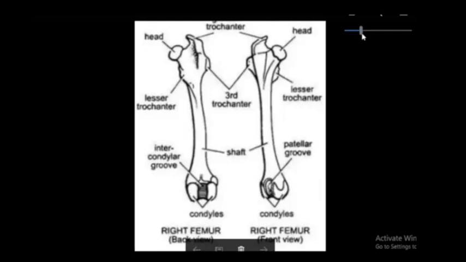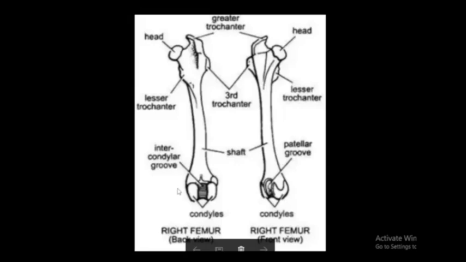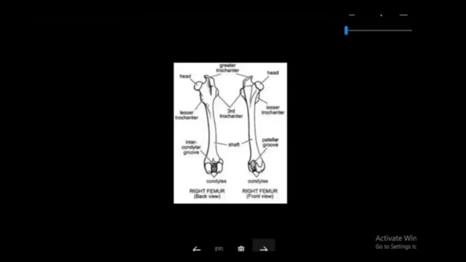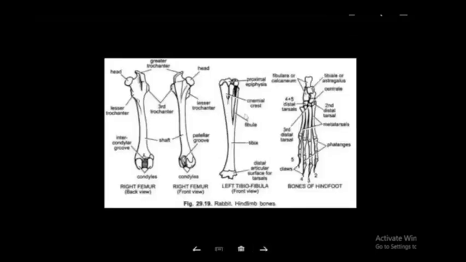It has its own head that fits into the acetabulum, and then this other part here where we have the condyles is where it attaches to the lower bones, which are the tibia and the fibula. And then the tibia and the fibula are also attached to these bones here, which are the bones of the metatarsals and the tarsals. So those are the things that we need to look at as we discuss the femur bone of the rabbit.